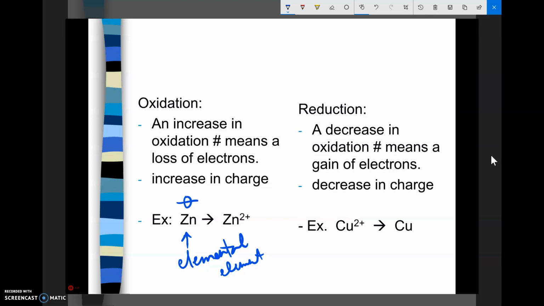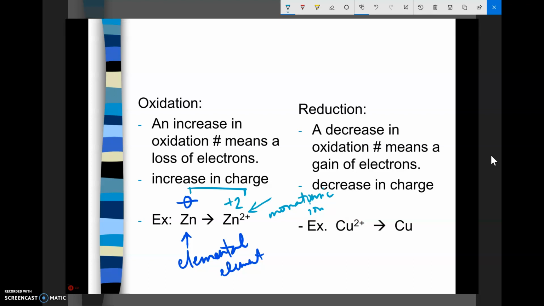So this is anything by itself, or let's say you had 2 chlorines, multiple atoms of the same element. Whenever you have a monatomic ion, it's always the charge of that ion. So right here, it's a +2. If you compare the zinc on the reactant side to the zinc on the product side, your oxidation number has increased. And because it's increased, this is showing oxidation.